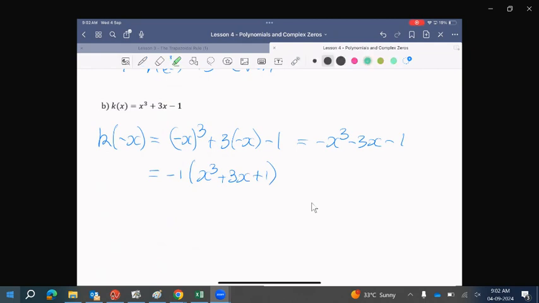And that is not quite this. So this is not equal to minus k of x. It's also not equal to k of x. It doesn't quite come down to either of those two, which implies that it is neither odd nor even.